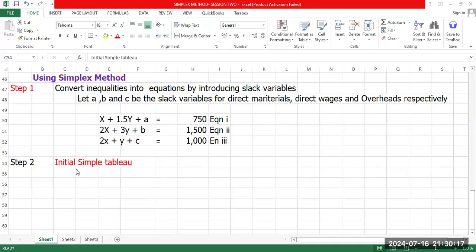And in the initial simplex table, the first column is going to be your solution variable.